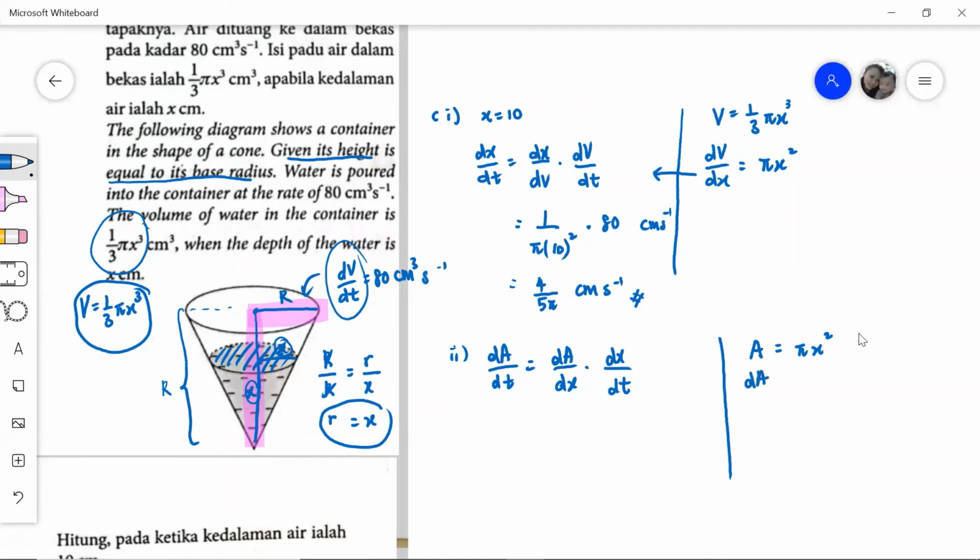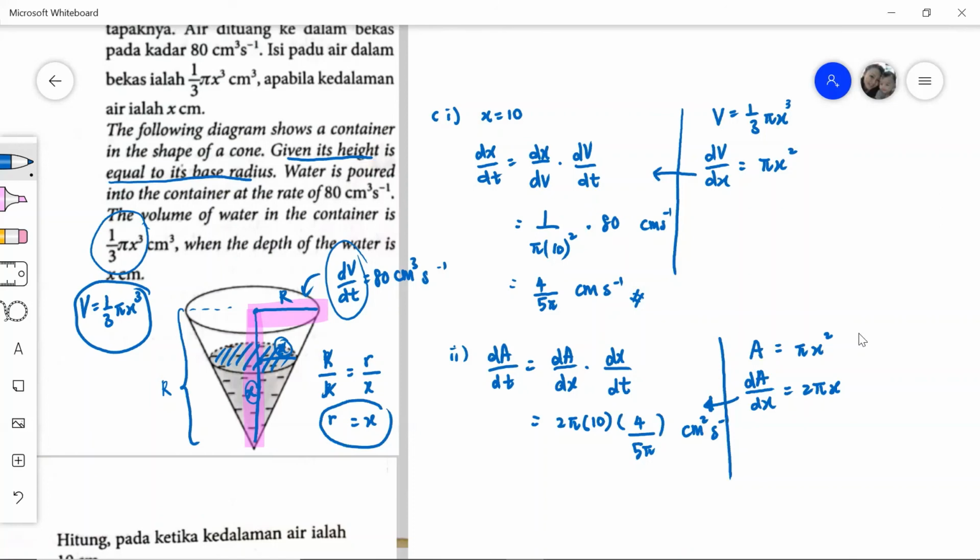So dA by dx, we will have 2 pi x. So let's put this one in our equation here. So dA by dx is 2 pi, and the x is 10. And the dx by dt we have found in part 1, 4/5 pi. So this is the rate of change in terms of the area, so the unit will be cm squared per second.